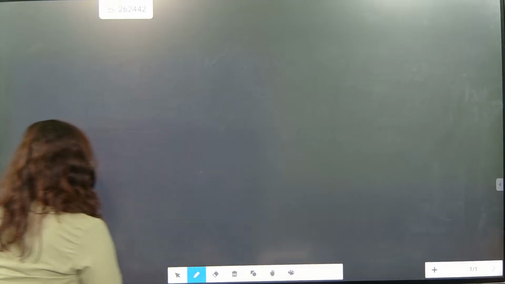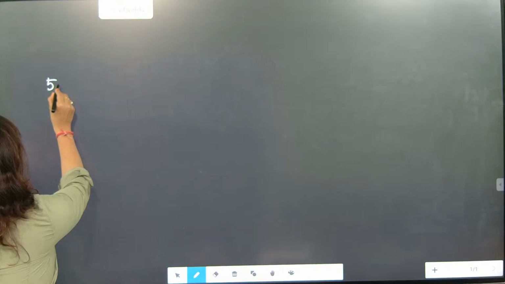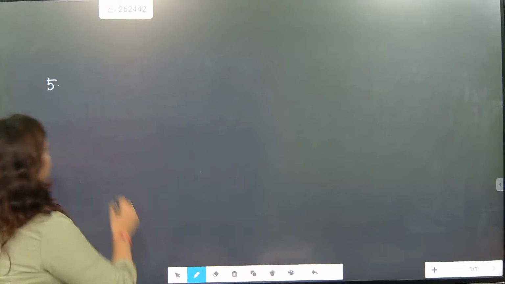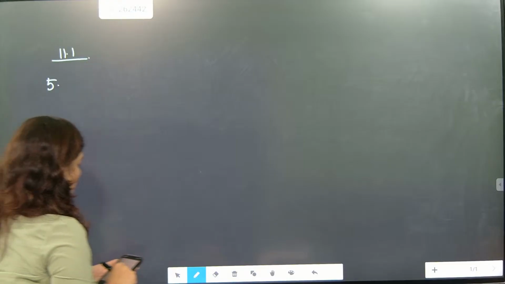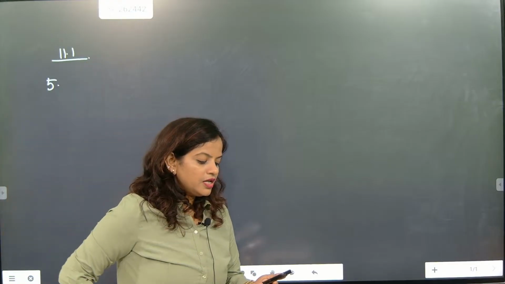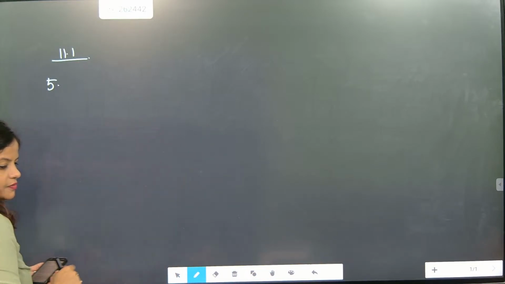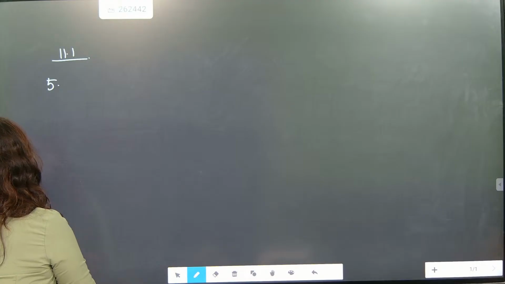The next question. Last time we did that conical tent question. Now we will talk about the fifth question. NCERT Exercise 11.1, question number 5. What length of tarpaulin 3 meter wide will be required?